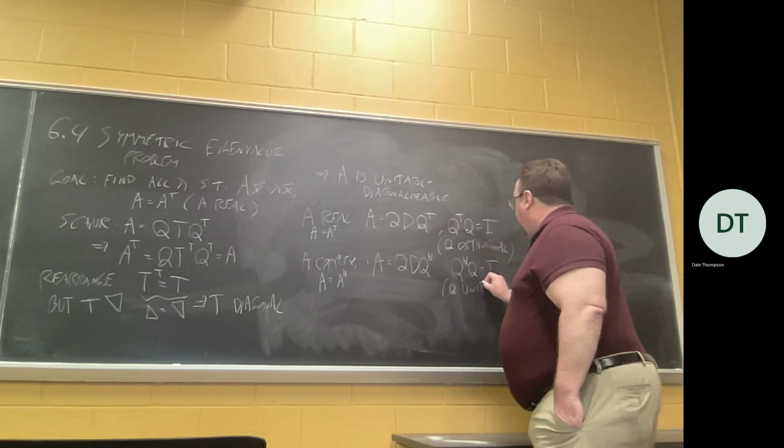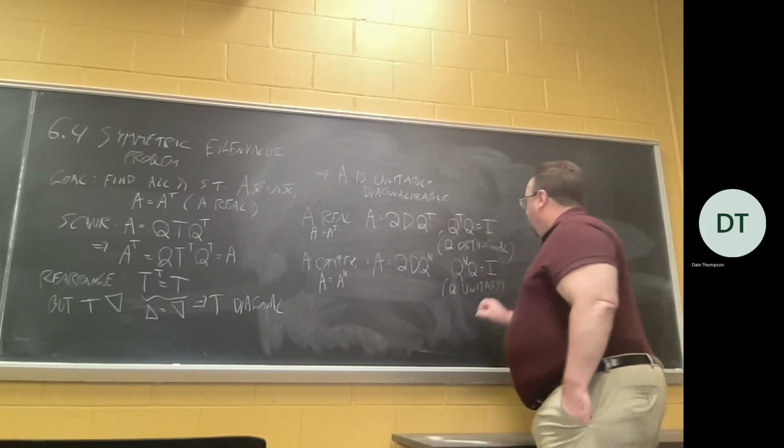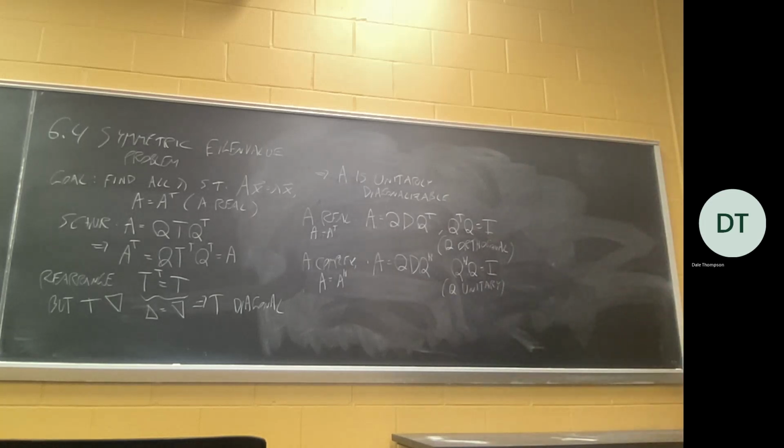So we say that Q is unitary in that case. All right. So A is diagonalizable, and that's something we did not always have in the unsymmetric case. We saw that some unsymmetric matrices cannot be diagonalized, but any symmetric matrix can be. Okay.